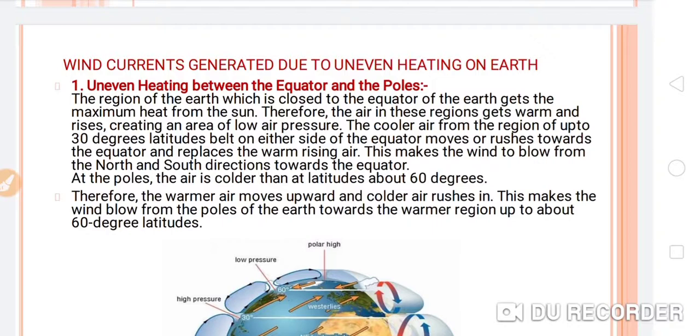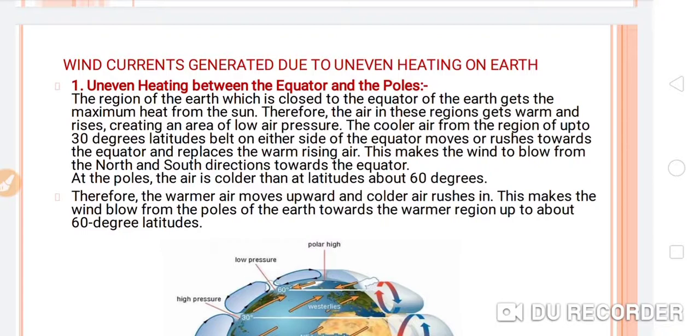Let's see the region of the earth which is close to the equator. Whatever countries are nearby the equator get the maximum heat from the sun. Therefore the air in these regions gets warm and rises, creating an area of low air pressure.